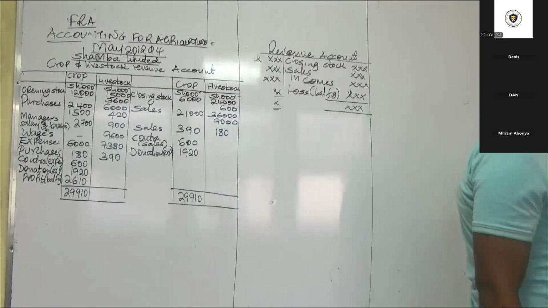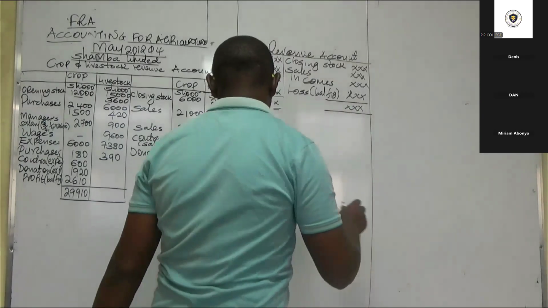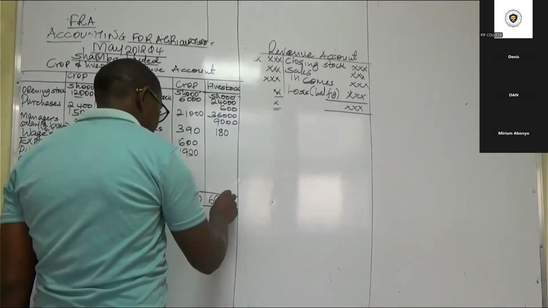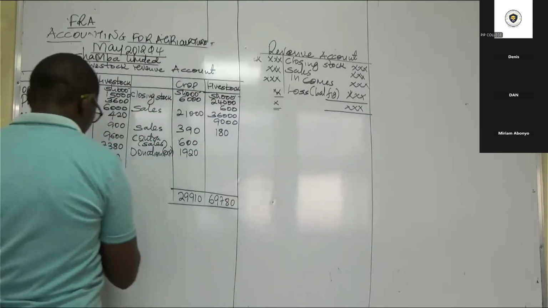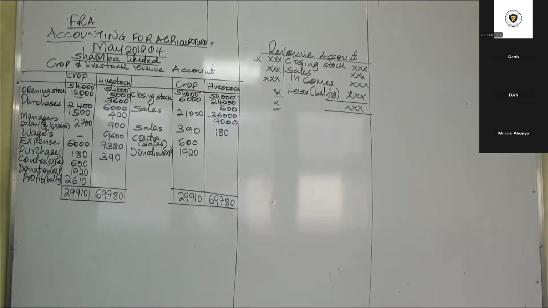Now the total for the livestock. Total for the livestock. 69,780. So 69,780. Balance. You tell me how much is it giving you?